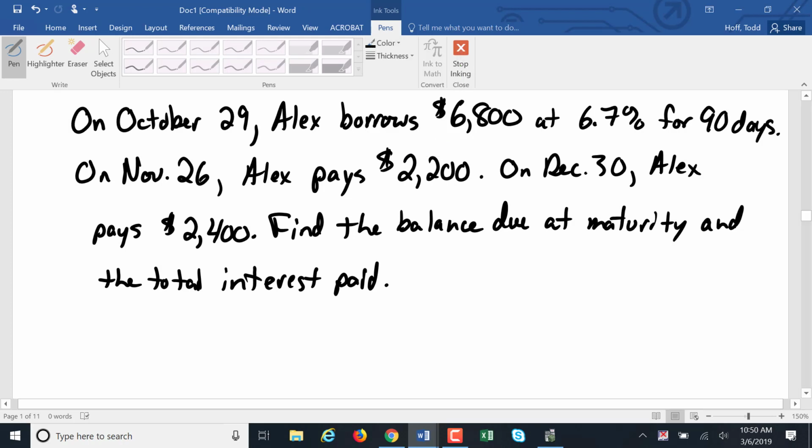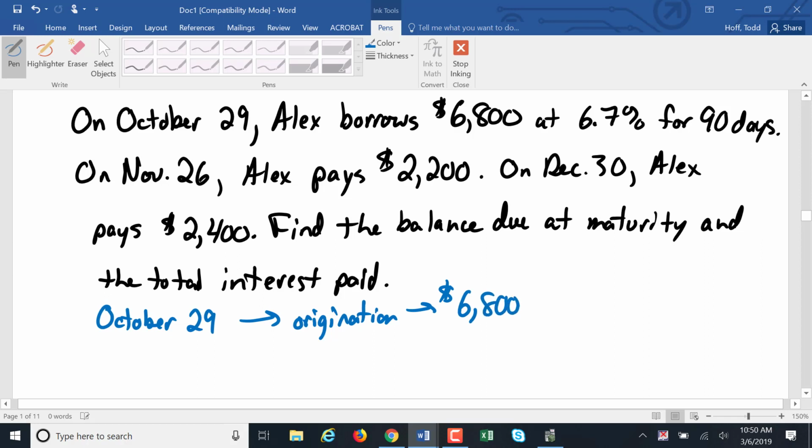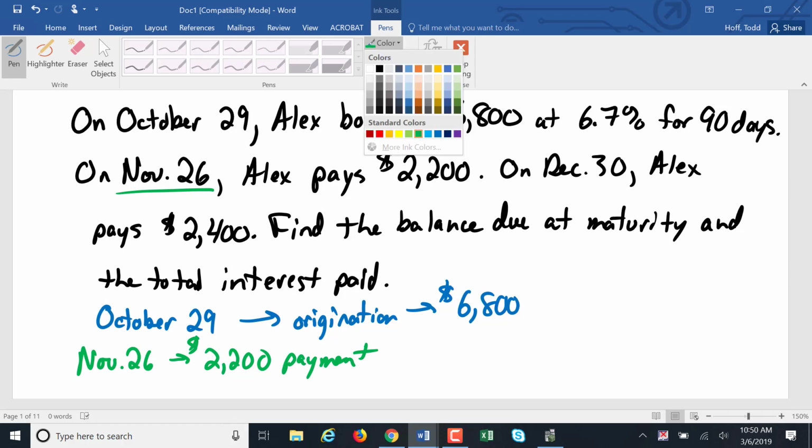So once again, we're starting out here at the beginning. We're going to use the date October 29th, the origination, for $6,800 is the beginning of that term. Our next action is on November 26th. That is the $2,200 payment. So let's find some dates here quick.